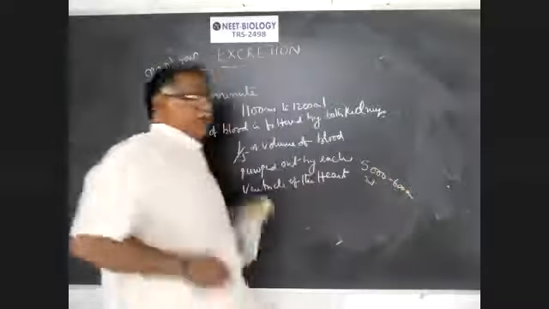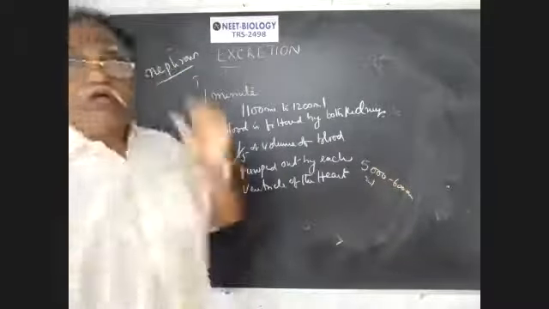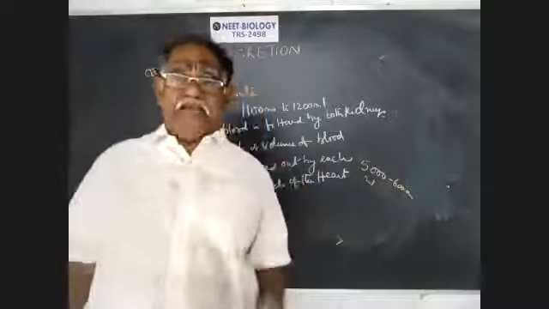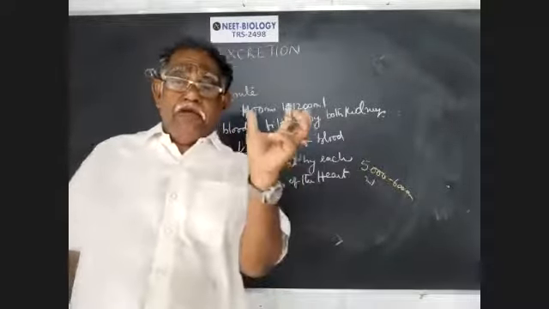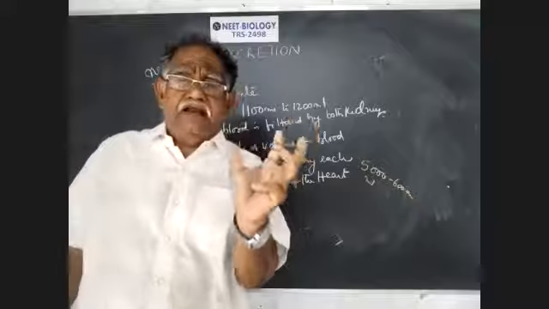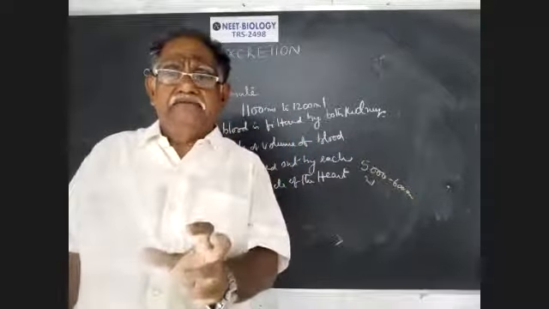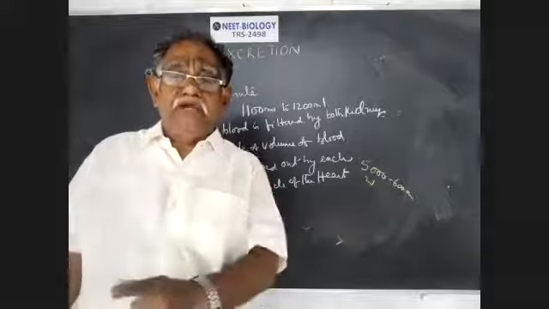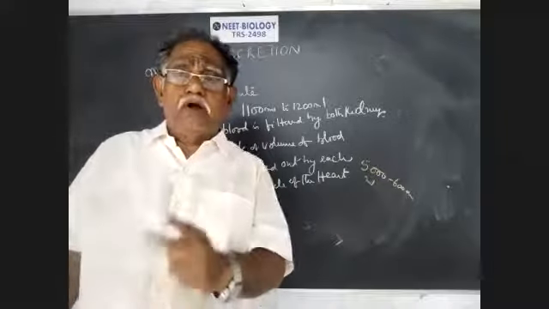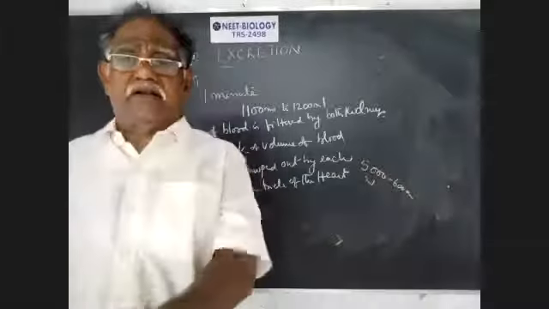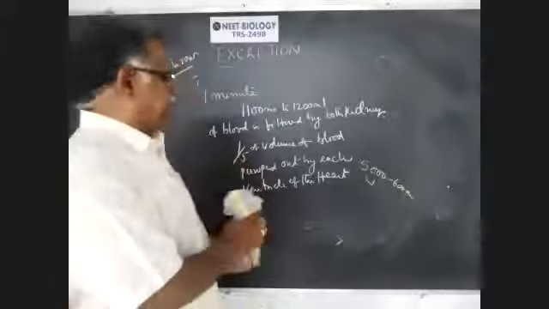So, per minute, each ventricle pumps out about 5000 ml of blood. Important point. Next.